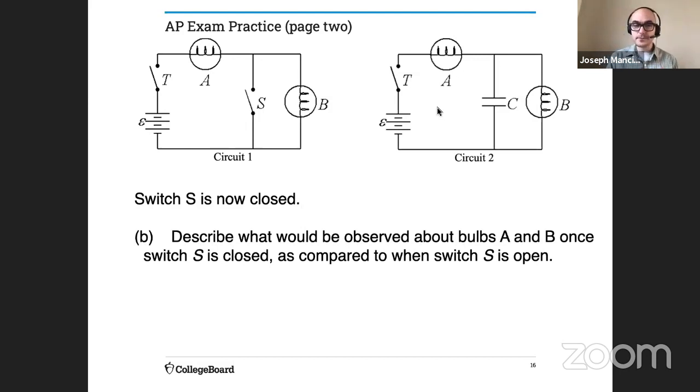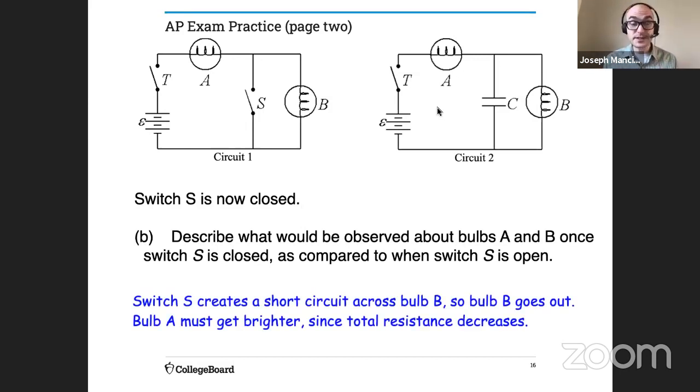Switch S is now closed. What happens to the brightness? Well, switch S has no resistance. A closed switch presents no resistance to current flow. So when the current gets to that junction, all of the current that's in the line with S and in the line with B, the current in S flows really well.